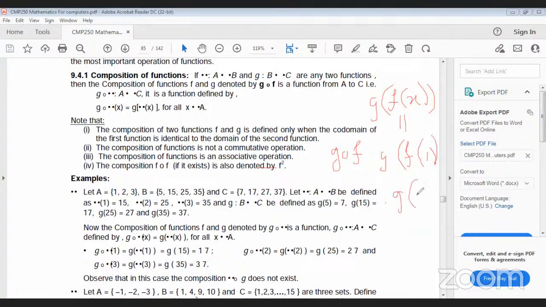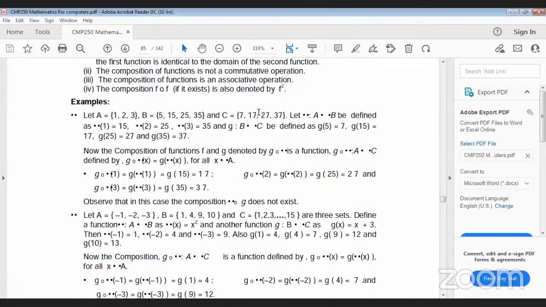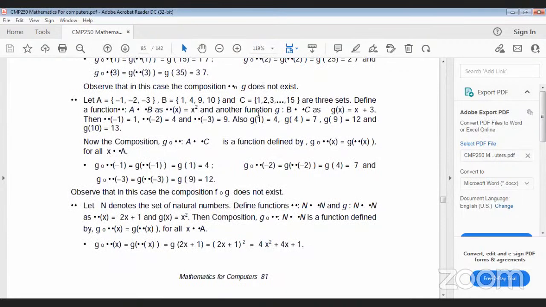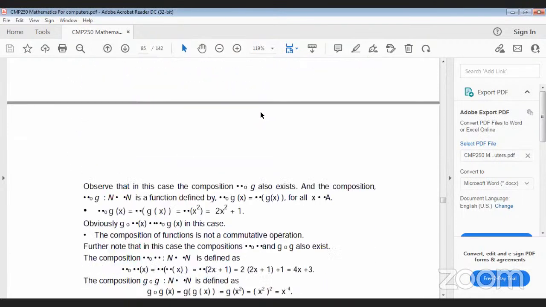So you need to find g of 15. Understood? Because f of 1 value is 15. Check over here. So g of 15 is 17. Understood? This is how you are going to solve the problems. For this, kindly refer to your 11th and 12th textbooks for proper understanding. It's there in your 11th textbook also, in part 2, maths, science side.